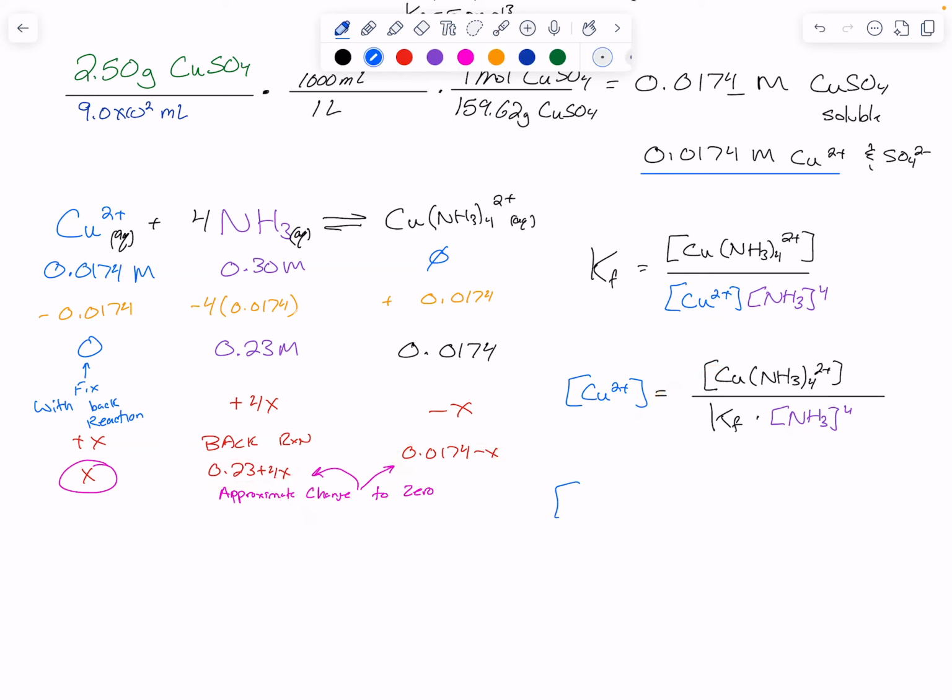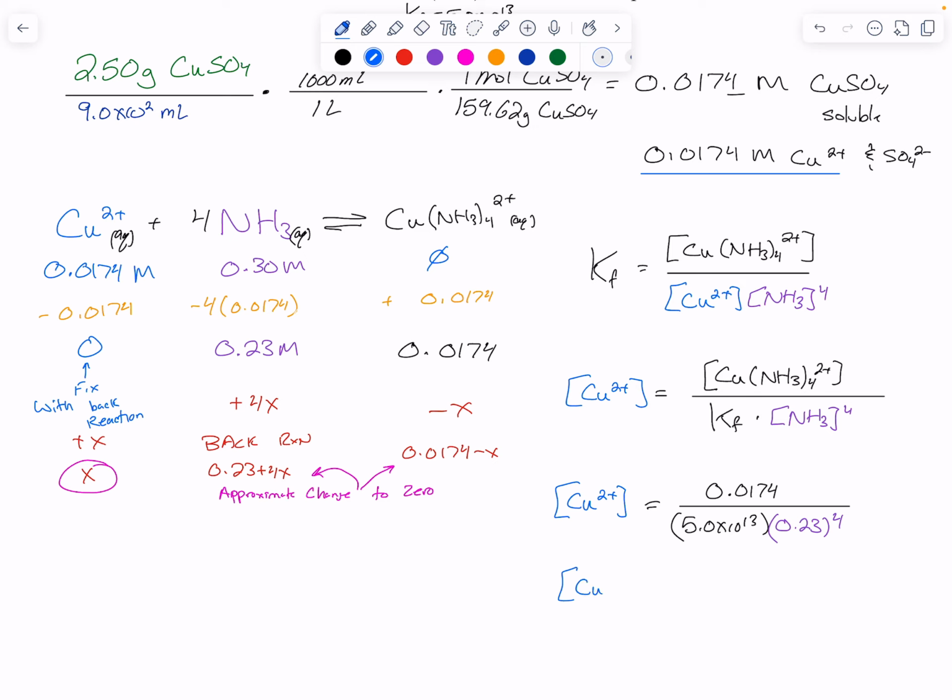So Cu2+ is going to equal 0.0174 divided by 5.0 times 10 to the 13th and 0.23 to the 4th power.